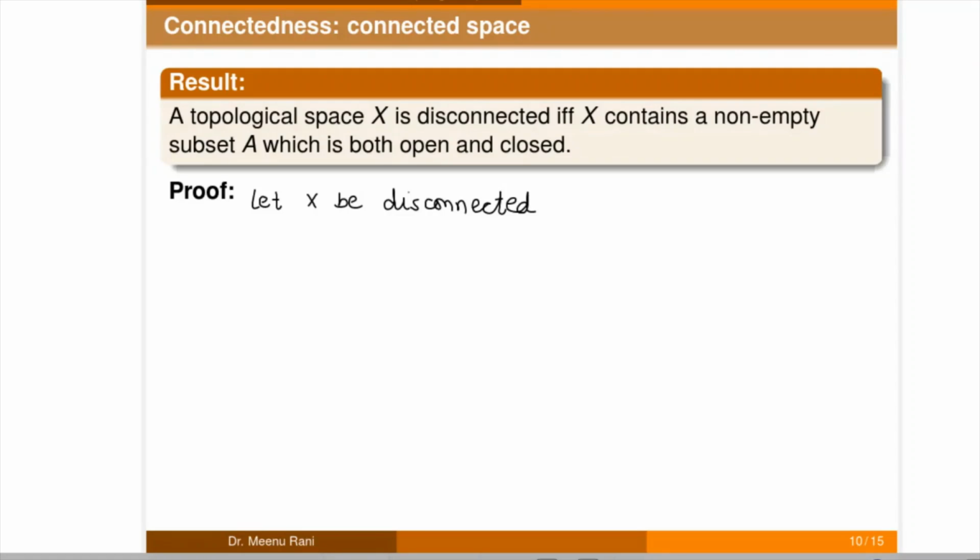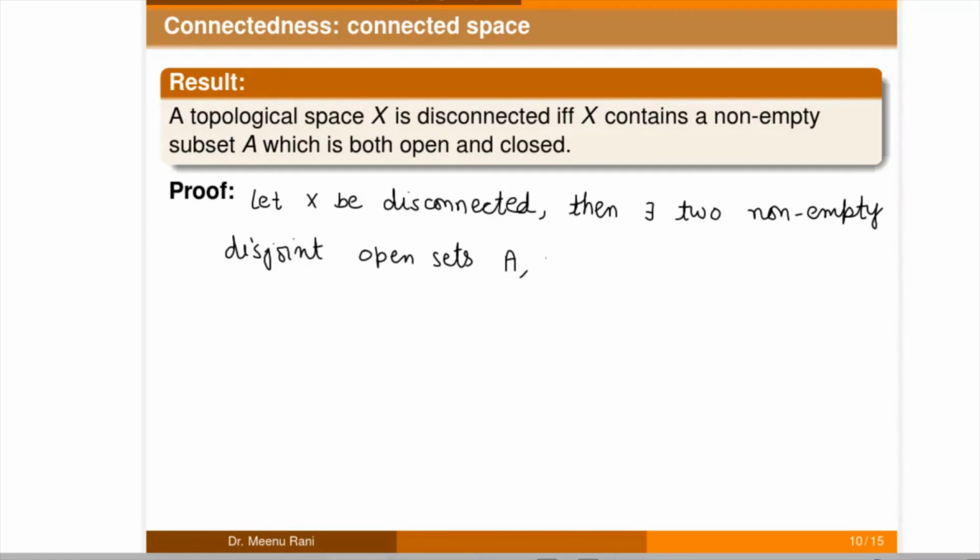If X is disconnected, from the definition of disconnected space, there exist two non-empty disjoint open sets.